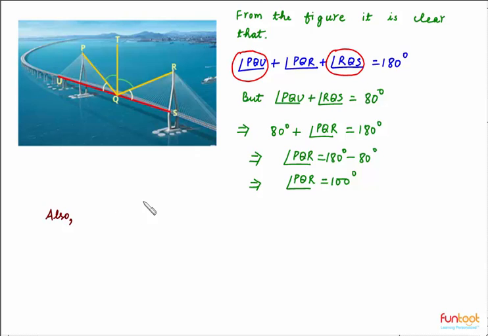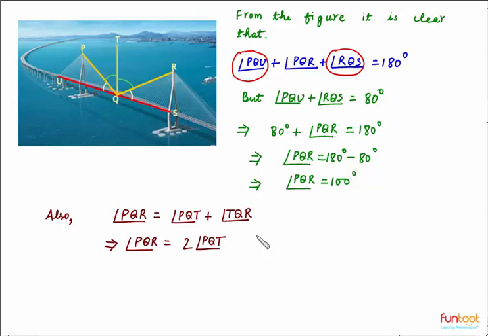Also, we know from the figure that angle PQR is equal to angle PQT plus angle TQR, and these two angles are equal. So this implies angle PQR is equal to twice angle PQT.